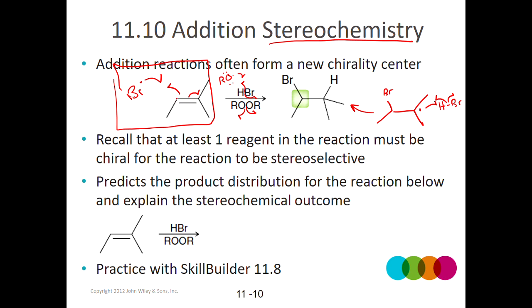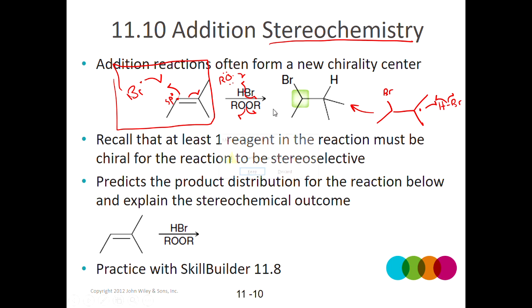A pi bond involves an sp2 hybridized carbon that is flat. There's a p orbital coming out of the plane and pointing back that the bromine will start to overlap with. But there's nothing blocking the bromine from coming in from the front or from the back. And since it's flat to begin with, you have equal probability of the bromine coming in from both sides.